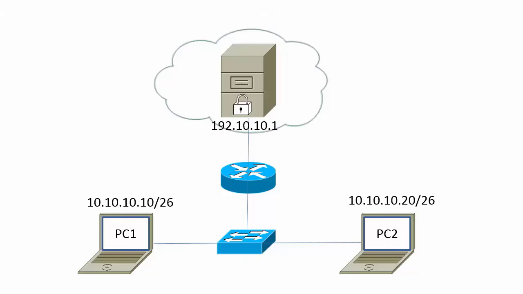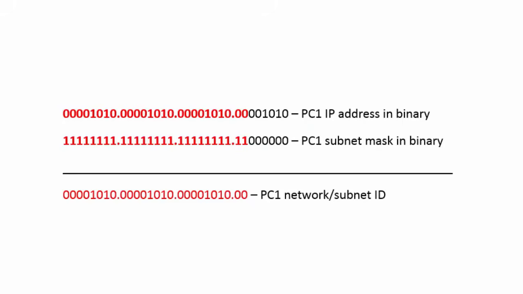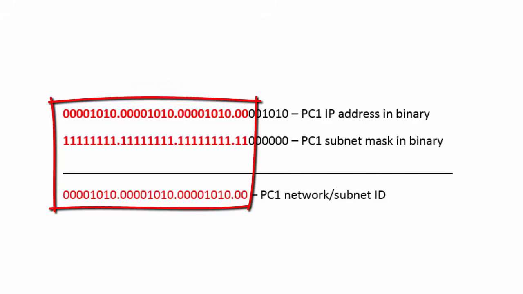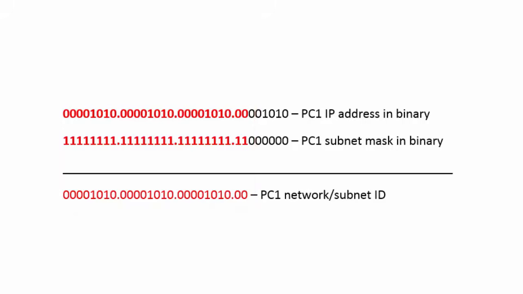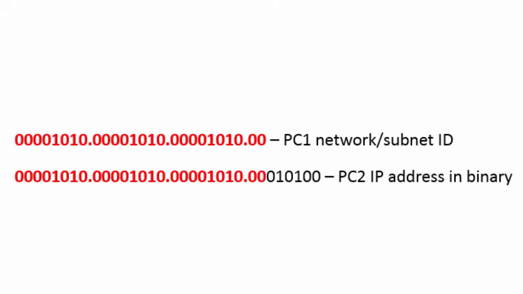So PC1 determines the subnet portion by comparing its IP address to its subnet mask in binary as follows. And as you will see here, all of the ones in the subnet mask identify the network portion. Now PC1 then compares the exact same binary bits to those binary bits in PC2's address as follows.